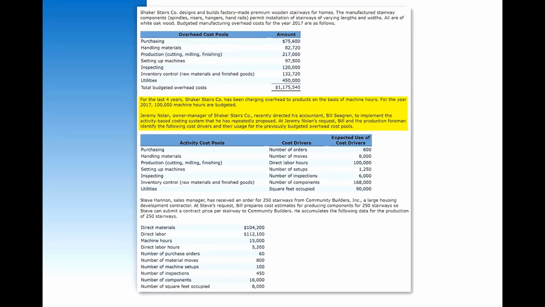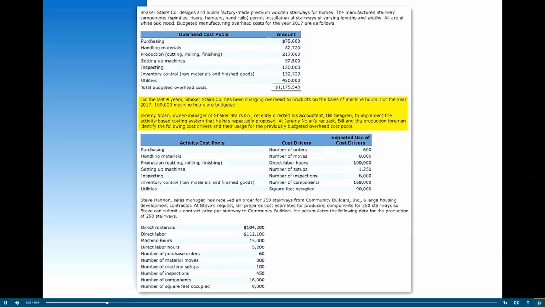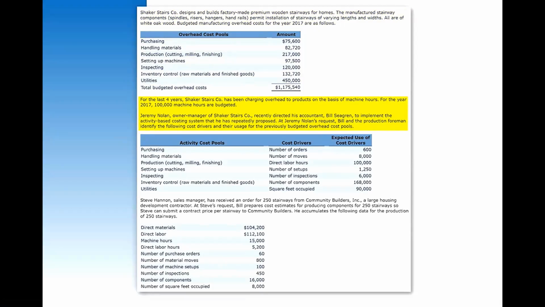The owner-manager of the company recently directed his accountant to implement the activity-based costing system that he has repeatedly proposed. At his request, Bill and the production foreman identify the following cost drivers and their usage for the previously budgeted overhead cost pools.